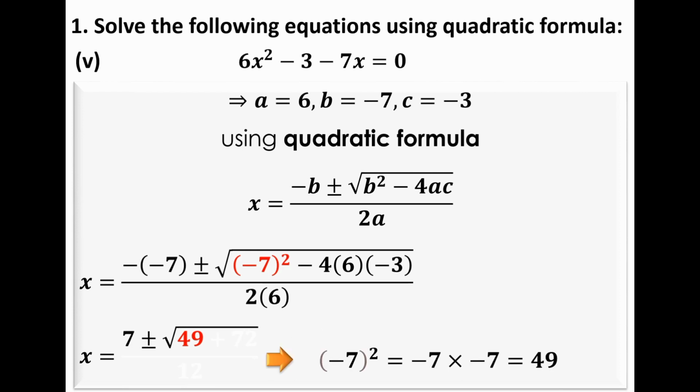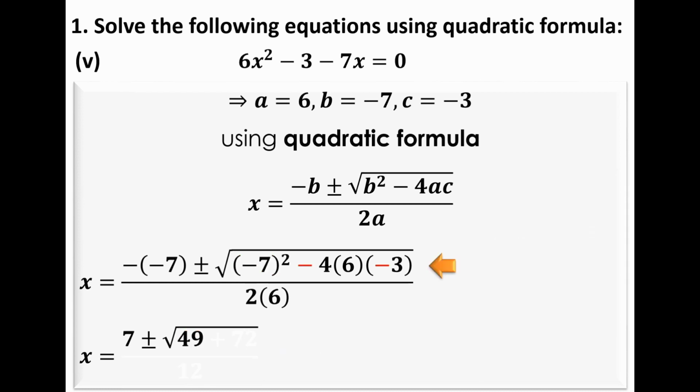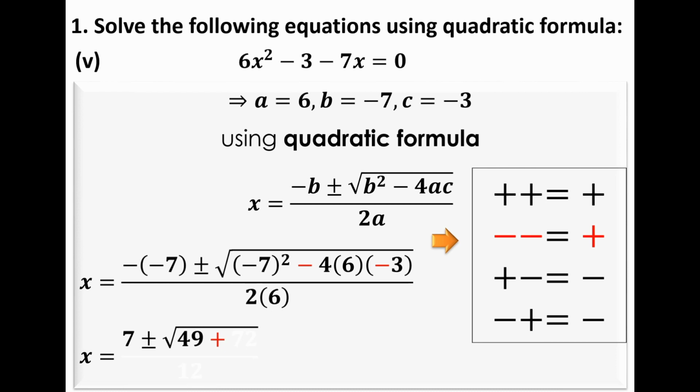Square of minus 7 is opened by writing minus 7 2 times and multiply them. Here, minus is plus, and 7 sevens are 49. Also, this minus is plus, as shown in extra details.